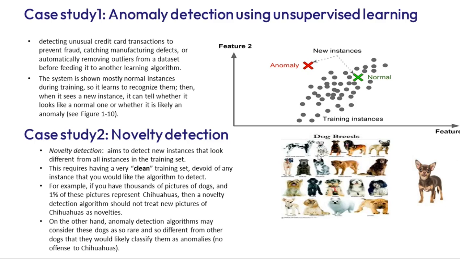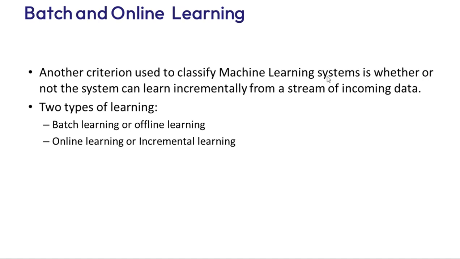It's a very common case study that you can work on. You can do a mini project on novelty detection methods for identification of Chihuahuas in dog breeds. Okay, so this is one case study. You can also do a project on anomaly detection of unusual credit card transactions. That is also one kind of project that you can do.